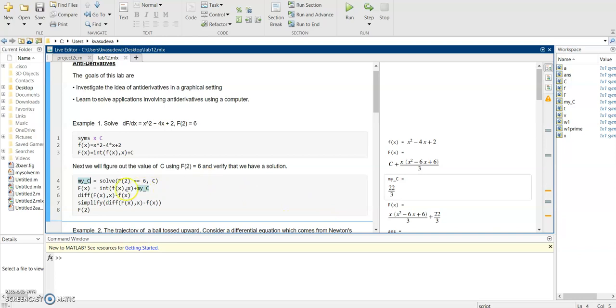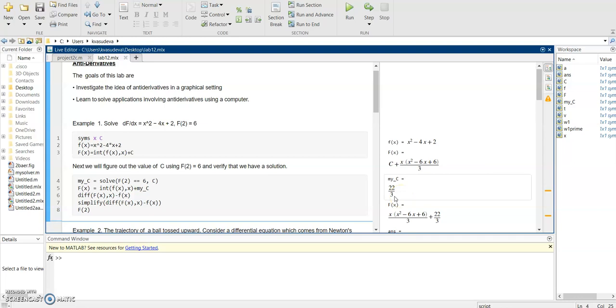When I plug my 2 into my antiderivative equation, I should see 6 at the end. When I say f of 2, this entire equation will have x equal to 2, and that turns out to be 6. So I'm going to use the solve command to solve for c. When I solve for c, I have 22 over 3 as my constant of integration.